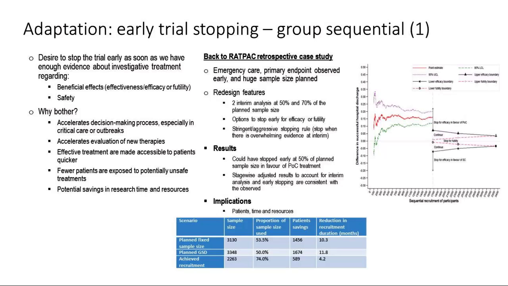Just as you have CONSORT, you have ACE, which is now guidelines for adaptation. It tells you how you should do the adaptation, and whether you're doing it at the design stage, analysis stage or sample size stage, that needs to be specified with all the different options. It would be very similar to how you do a clinical trial, but when you have an adaptation, you have to pre-specify it. So if you're going to be doing an interim analysis, I suppose that will go into your statistical analysis plan as well.